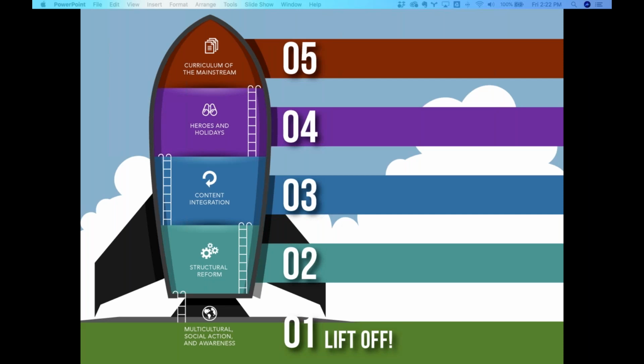I have to say, the 5 stages were developed by James Banks, and in his original publication, the numbers are different. But when I designed this, a rocket counting down 5, 4, 3, 2, 1 made more sense. So I have to acknowledge that really they're the other way around, but we're going to talk about them in this order. So the top of this rocket is the curriculum of the mainstream.